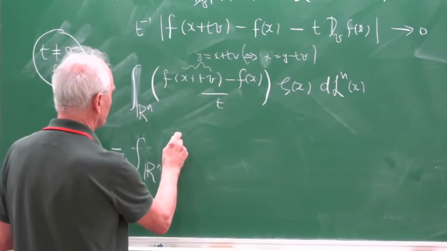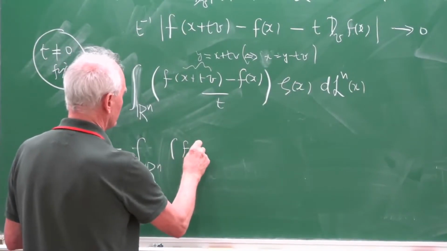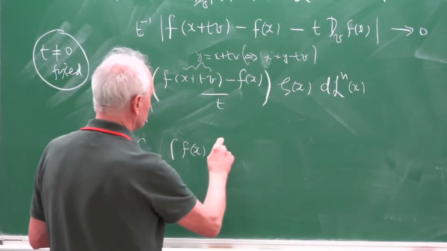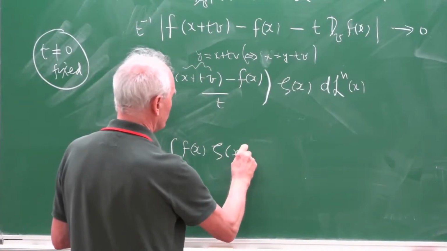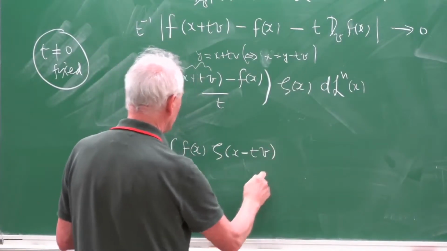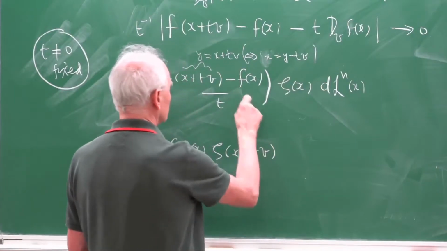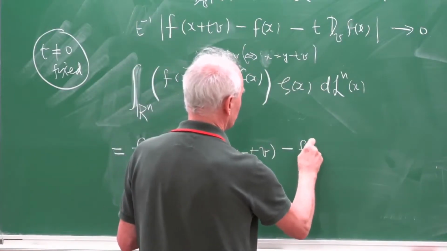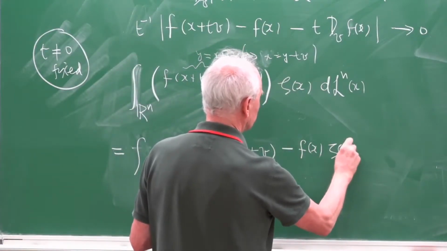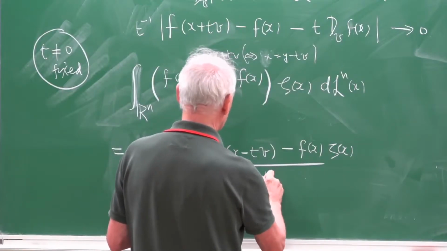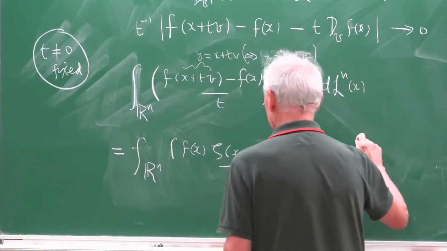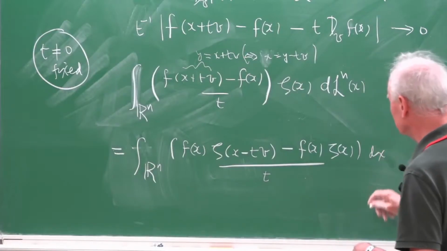Integral over Rn of fx. And this, as I said, becomes zeta x minus tv. Mustn't forget that. And then we still have this guy, minus fx times zeta x, all over t. So that's what you get when you make that change of variables, dx.